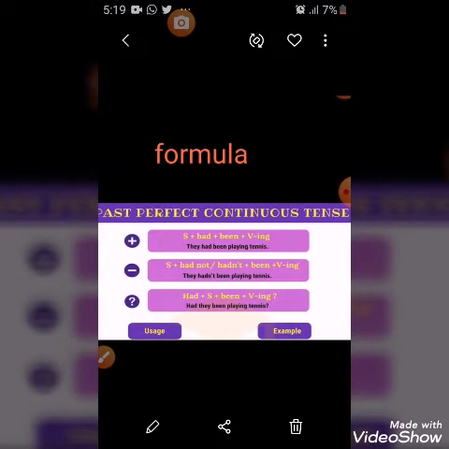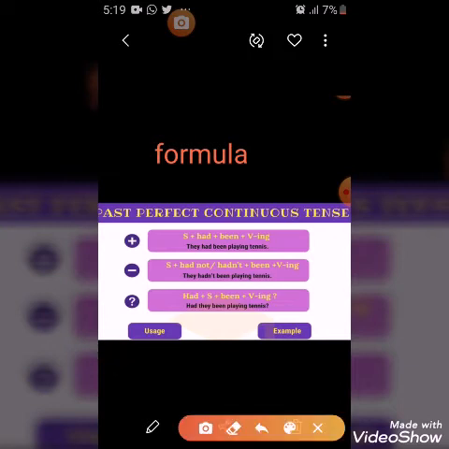The formula for this can be subject plus had plus been plus ing form of verb. This is for the positive sentence. For example, they had been playing tennis. Had been, and after that the ing form of verb.